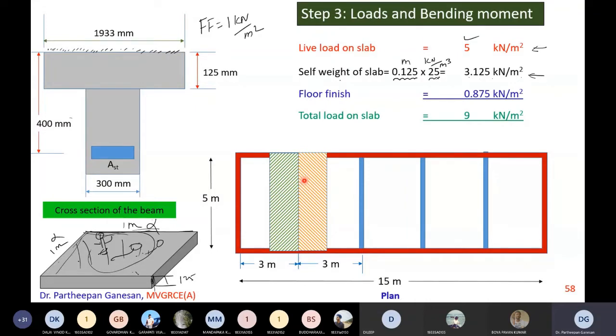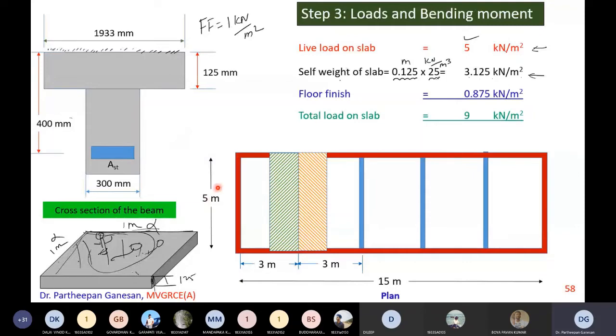Ideally, if you see here, the single panel is coming out to be 5/3, which is less than 2. Actually, the distribution will not be like this. Either the spacing should have been 2.5 meter, or this span should have been more than 5.